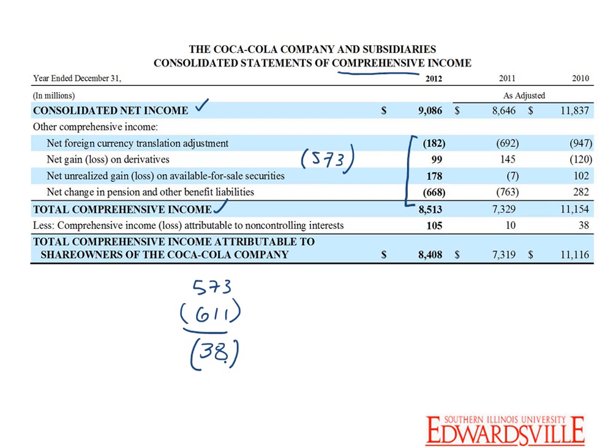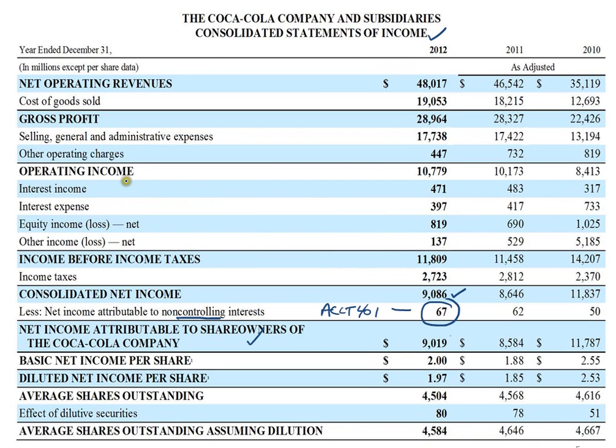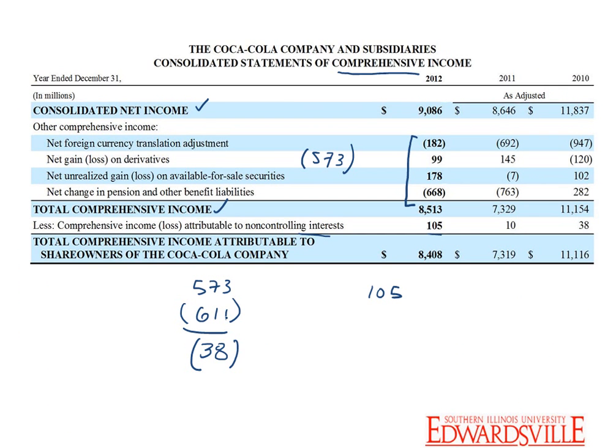Let's set that aside. And we'll keep going down. They have total comprehensive income. And now they have this less income attributable to non-controlling interest, 105. We don't know what it is, but I pointed out that might be a number for adjusting. Let's go back here, 67. So for all the consolidated net income adjusted, they adjust out 67 to get net income to the shareholders.